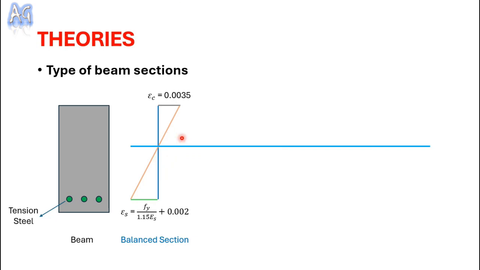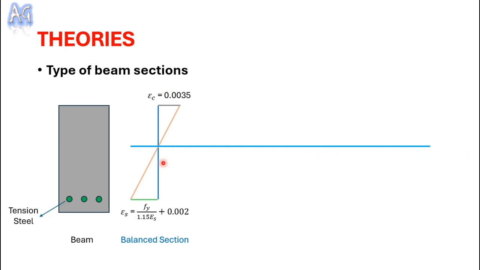So in case of balanced section, our assumption is that concrete and steel both will reach the maximum strain simultaneously. So if this occurs, then we will call this section a balanced section. And if we draw the neutral axis for this section, here you can see this is the neutral axis for this balanced section beam.